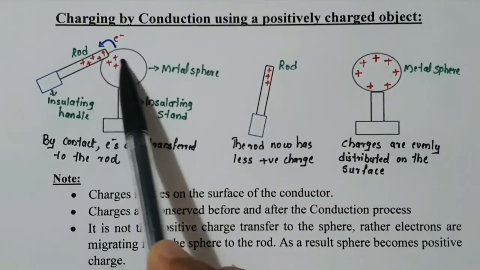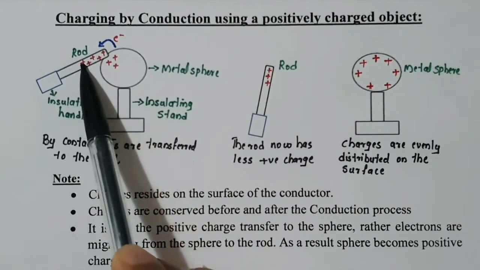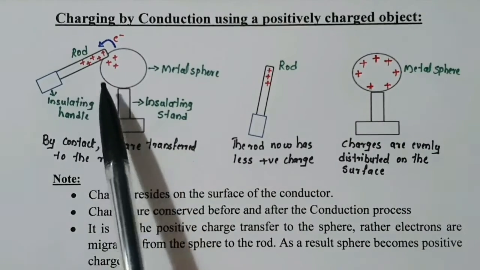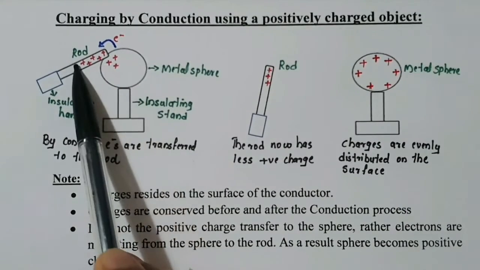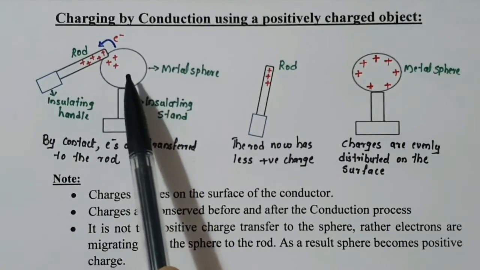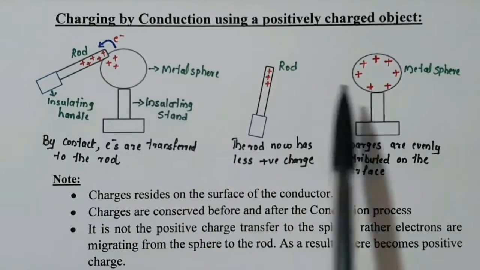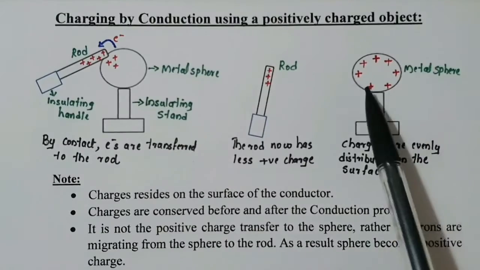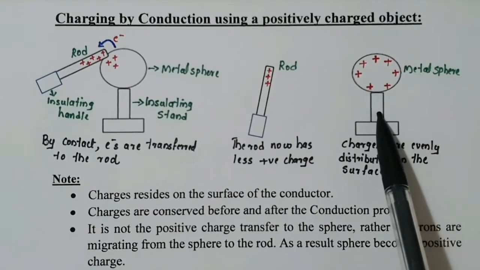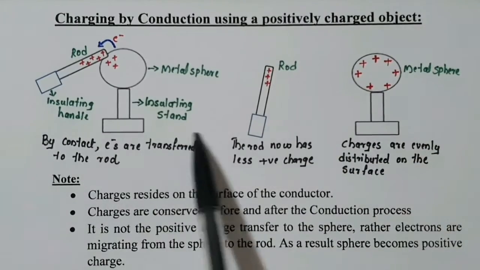Thus, the electrons migrate to the rod until the charge on the rod and metal sphere system becomes redistributed. When electrons are lost to the rod, there is a shortage of electrons on the sphere. As a result, the metal sphere becomes positively charged. Since this is a conductor, the charges are uniformly distributed over the entire surface of the sphere. So this is the actual process happening here.